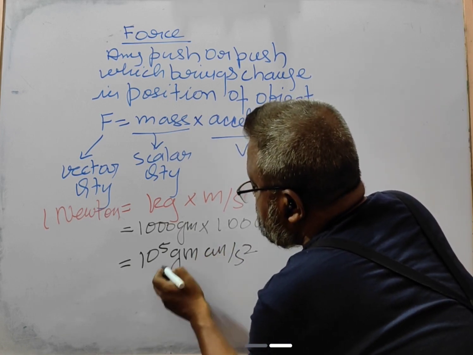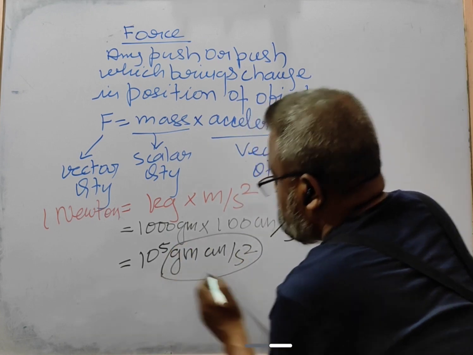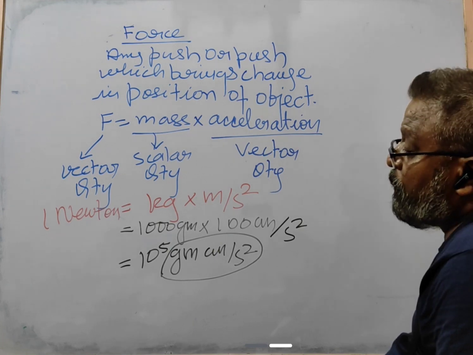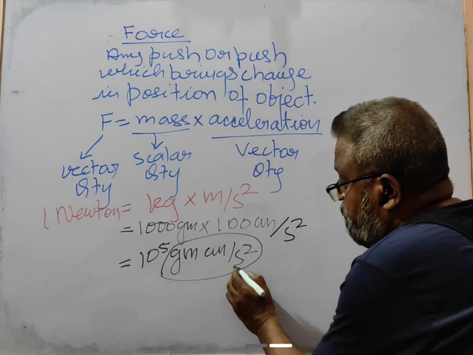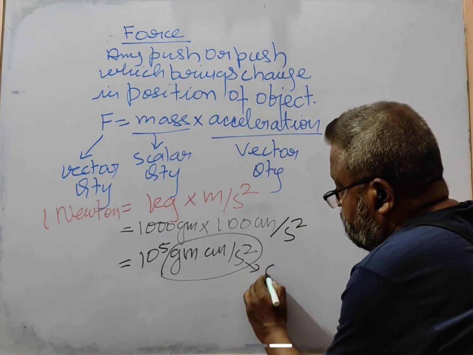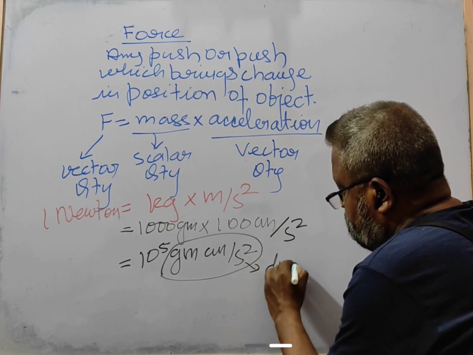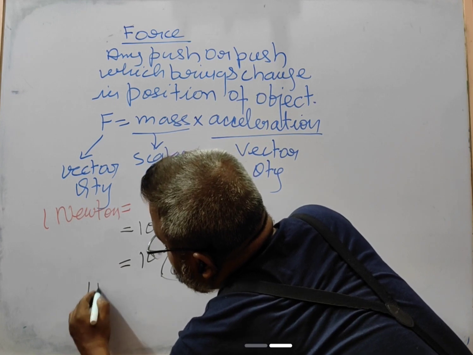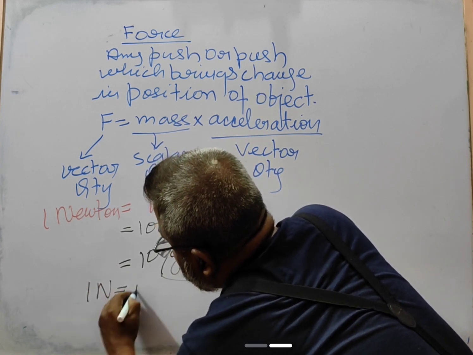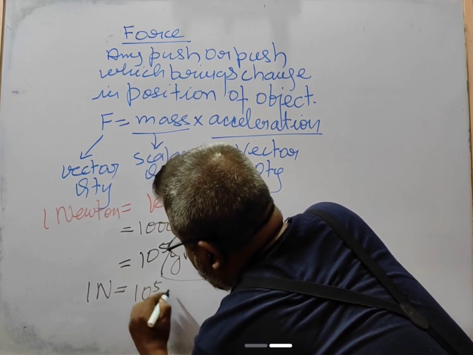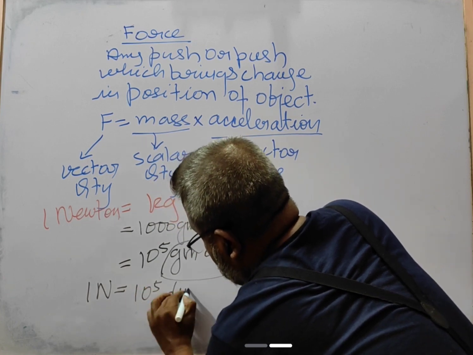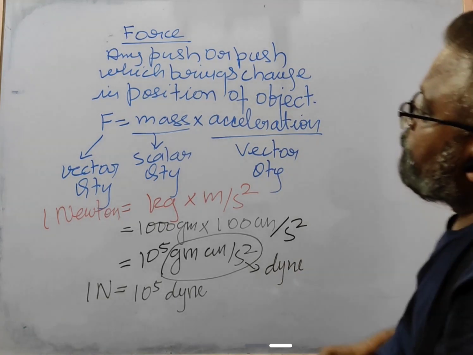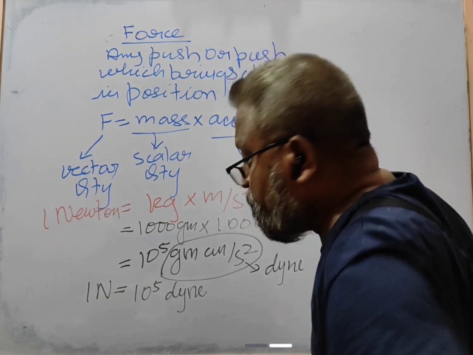This is known as Dyne, right? So 1 Newton is equal to 10 to the power 5 Dyne, right? So this is what we have.